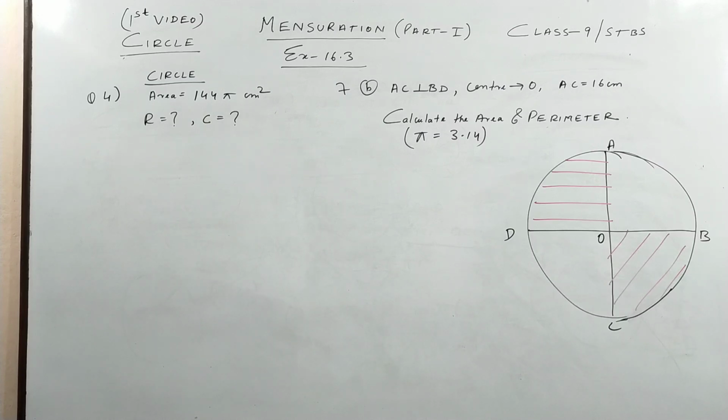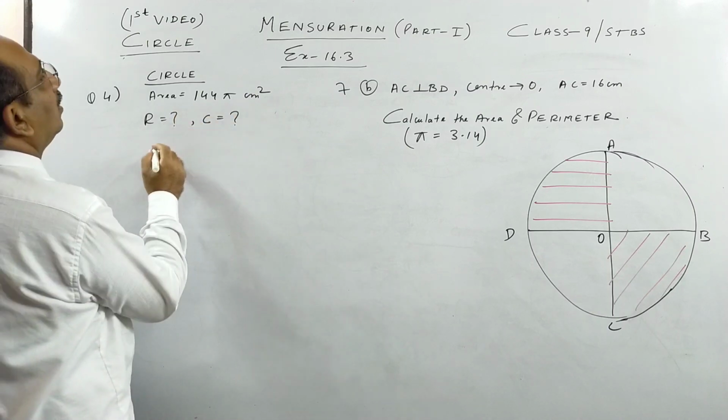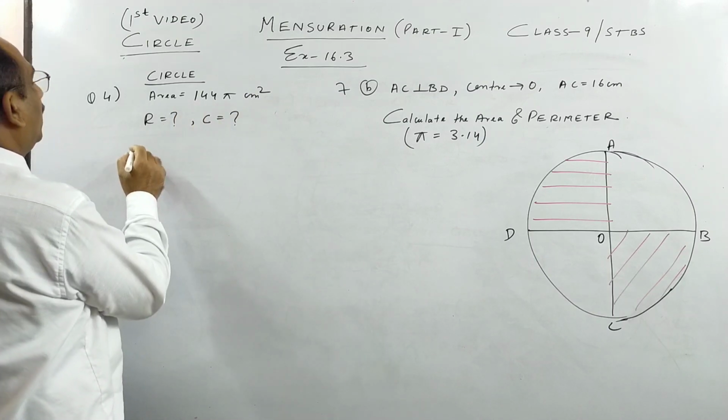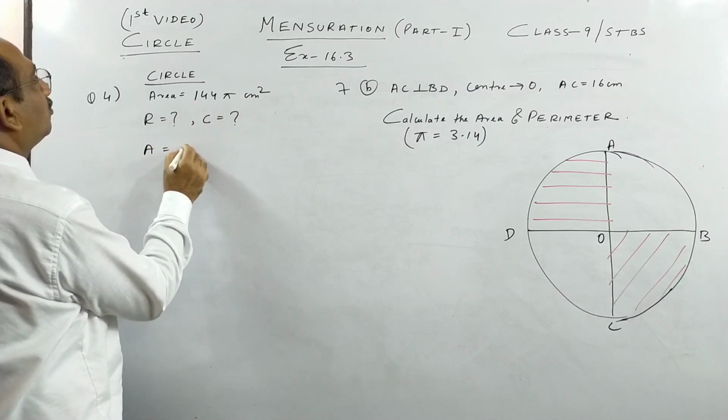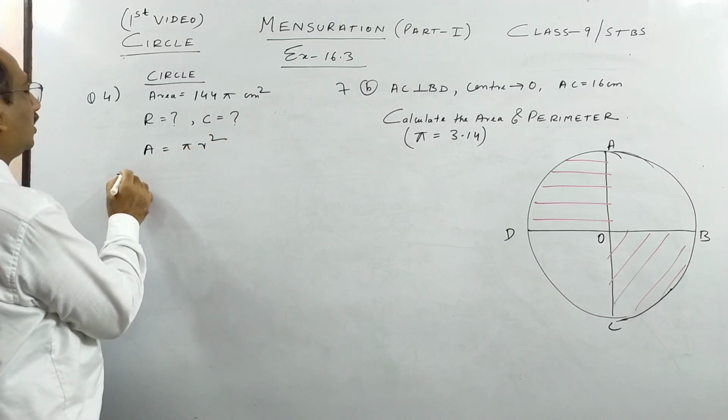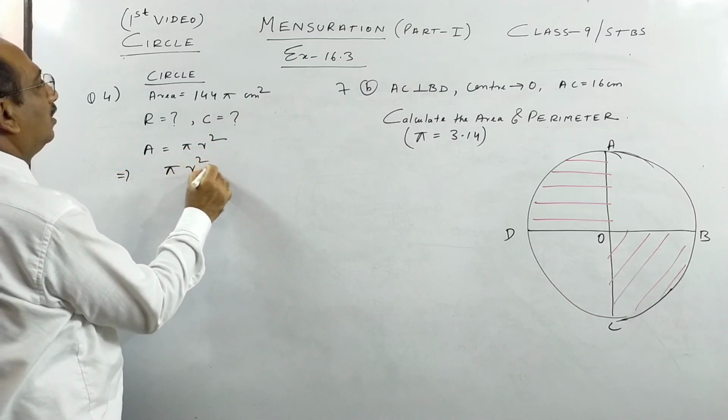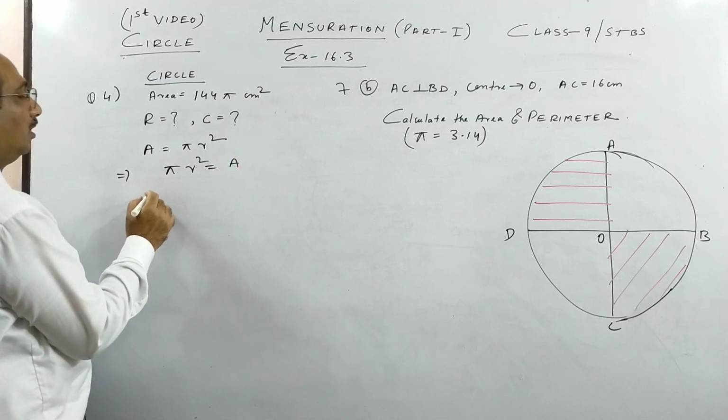So now we move on to question number 4. Area of a circle is given as 144 pi. So area we know, children, is pi r square. So we can write pi r square is area.